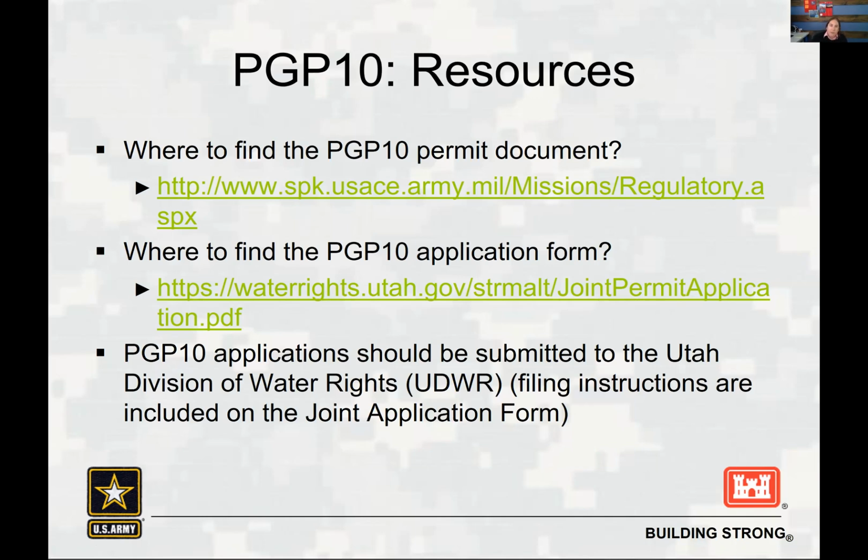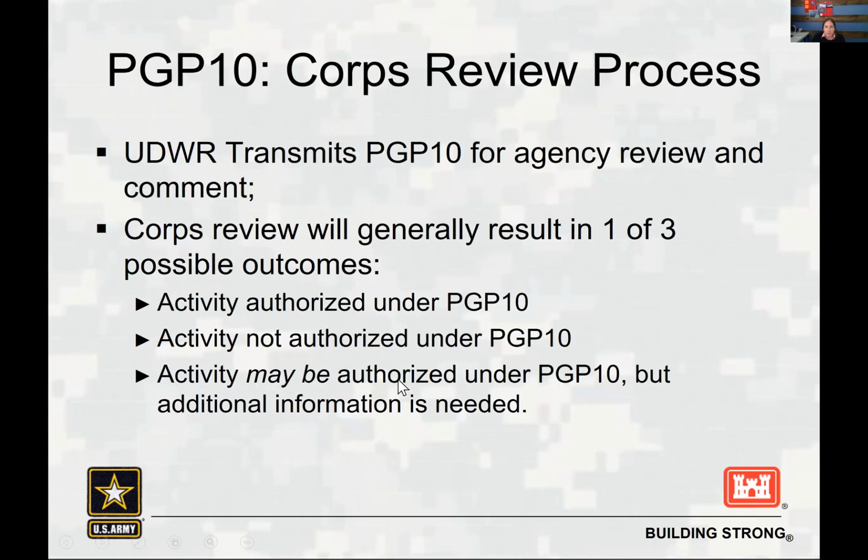Okay, so when it comes to our review process, the Division of Water Rights gets the application, and then they send it to us, and there's usually 3 outcomes. One, they give us the application, and then we review it. The application is complete, and then we make a determination that we can verify the general permit, and we say, hey, state, go ahead, issue the general permit on our behalf.